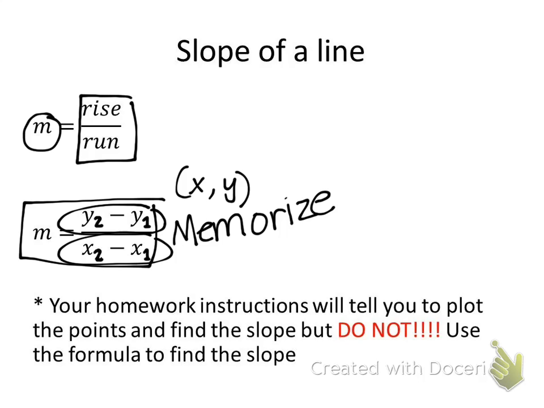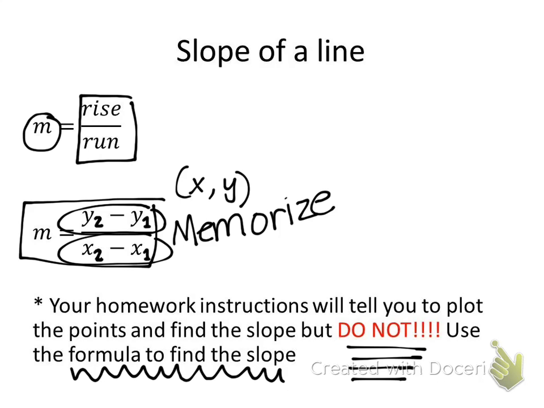Your instructions will tell you to plot each of these points, graph the line, and then tell the slope. No, do not do that. Instead, use the formula to find the slope. So m equals y2 minus y1 over x2 minus x1.